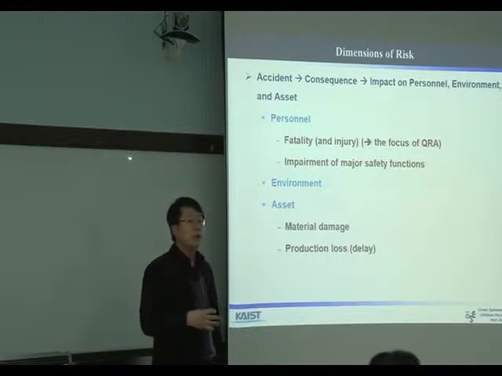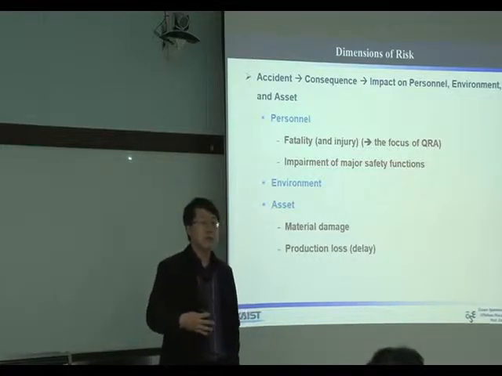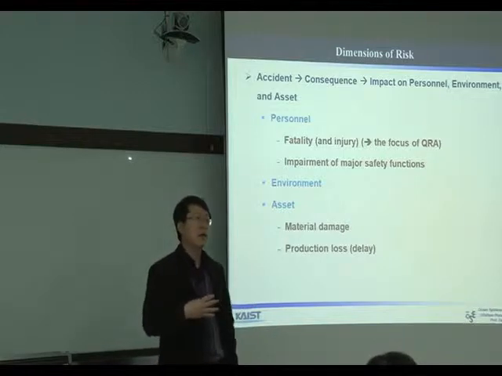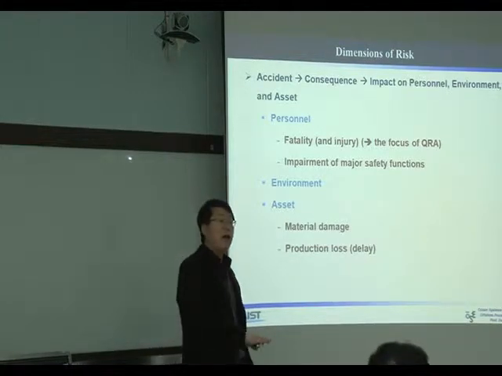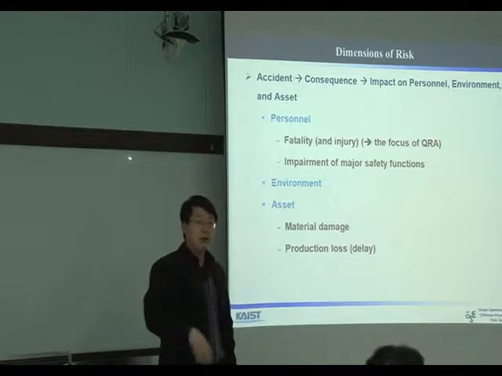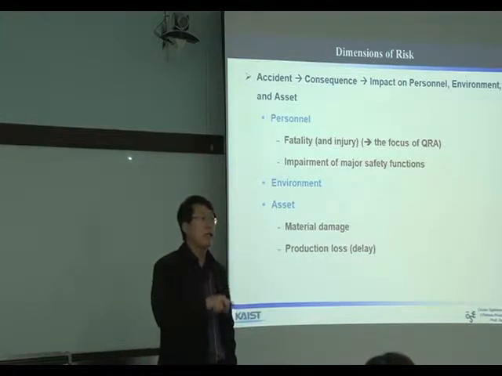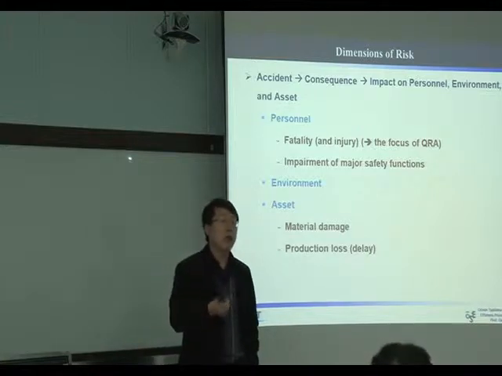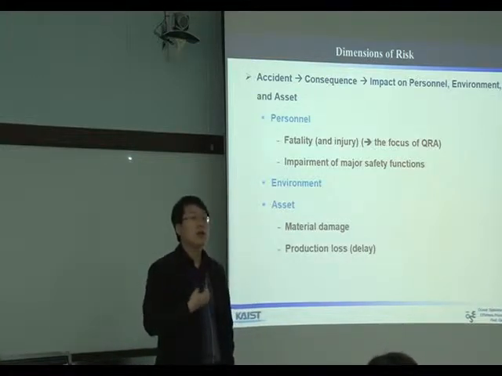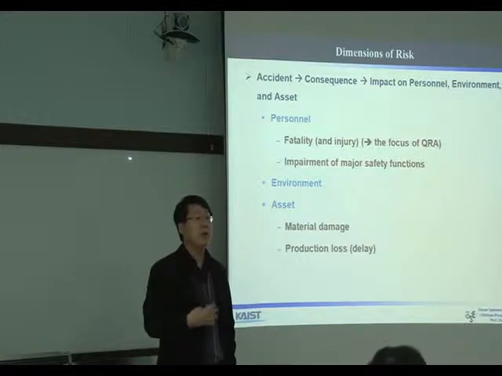Major safety function is the important facilities that are supposed to protect the safety. For example, in the FPSO, there is a sheltering room. That room is called temporary refuge. The role of the room is to provide sheltering space when there is a big accident like a fire or explosion.